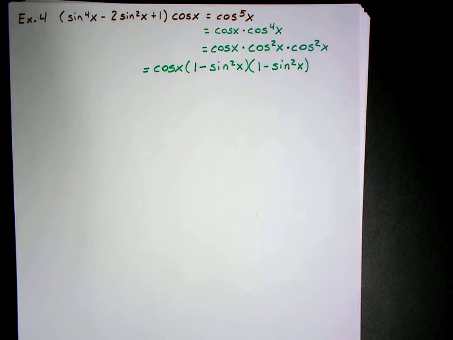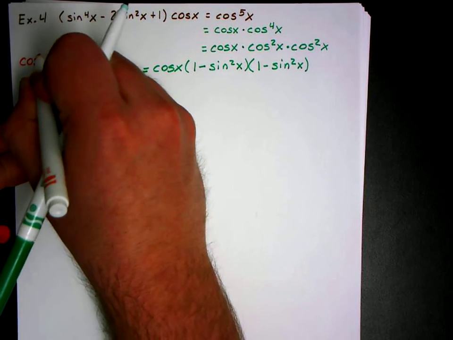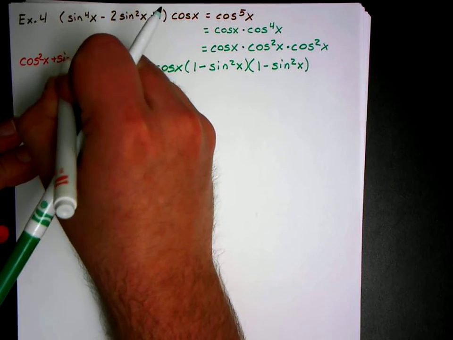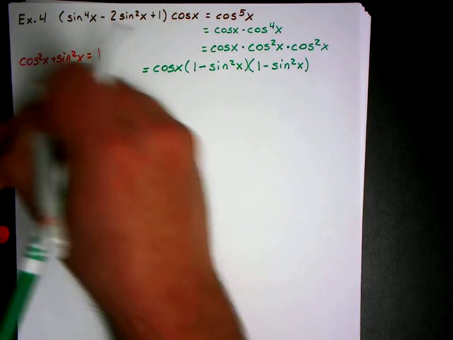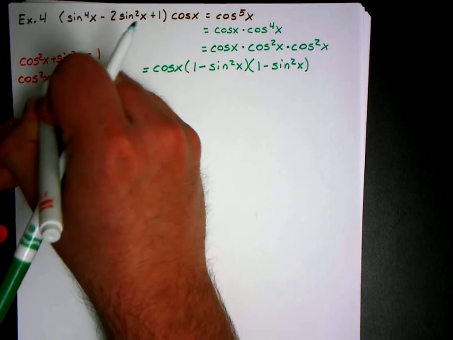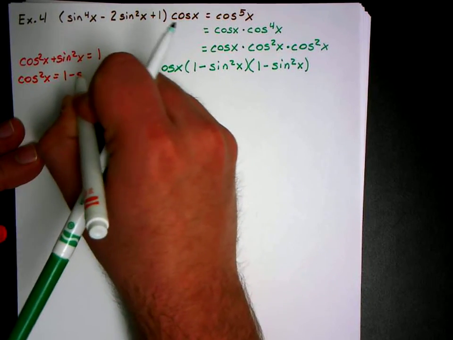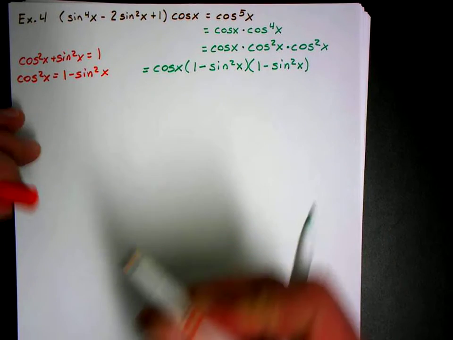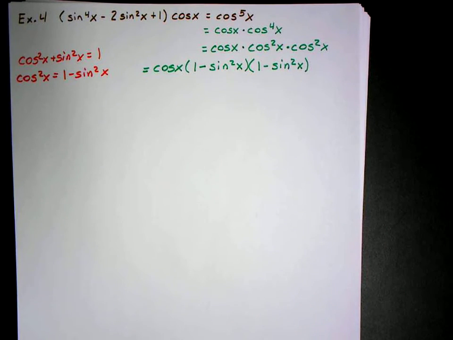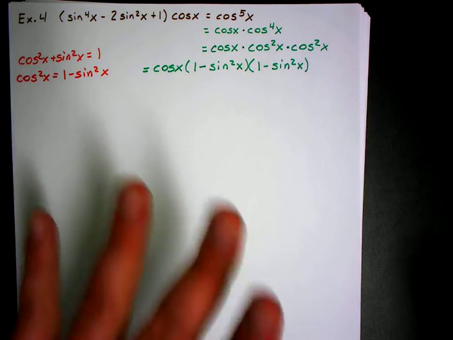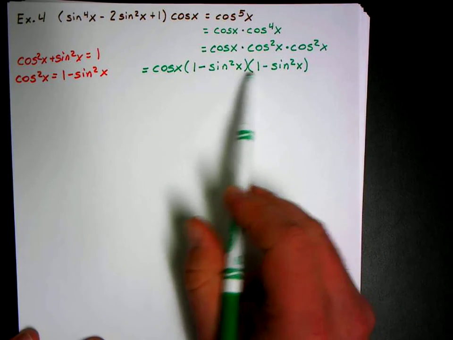So the left-hand side said I needed sine squared, or sines, so I needed somehow to change my cosines into sines using Pythagorean. Pythagorean says that cosine squared of x plus sine squared of x equals 1. So I just rearranged it so that cosine squared of x equals 1 minus sine squared of x. And then I did my substitution. So I'm hoping that whenever I multiply this out, this will equal this.